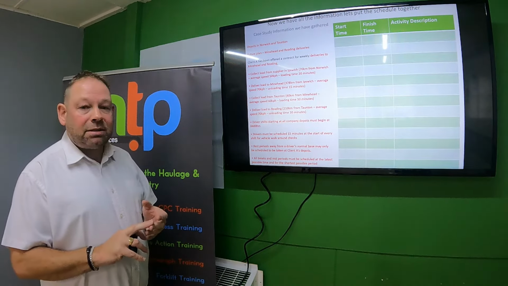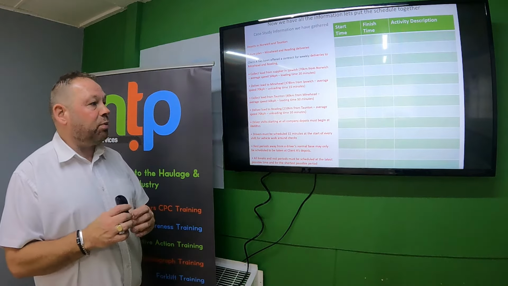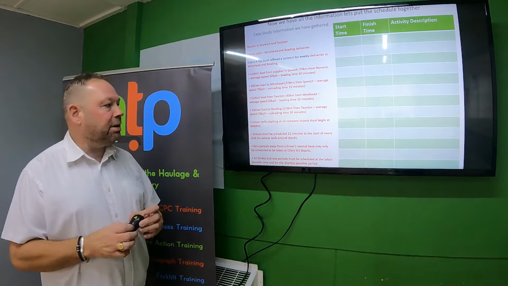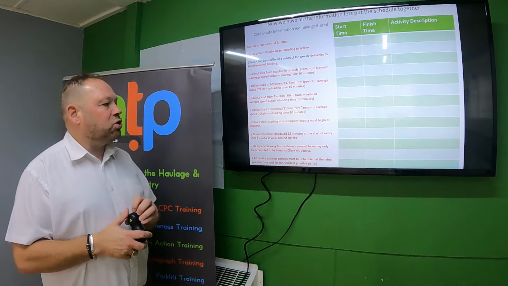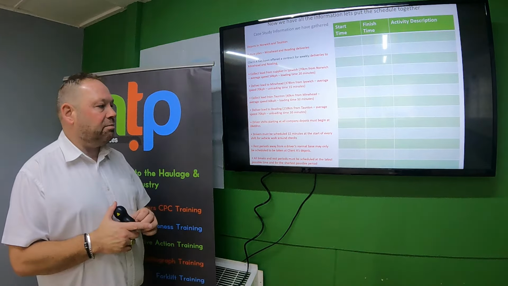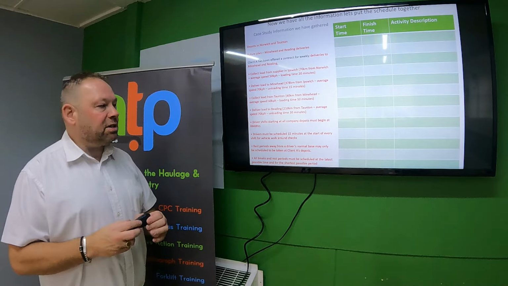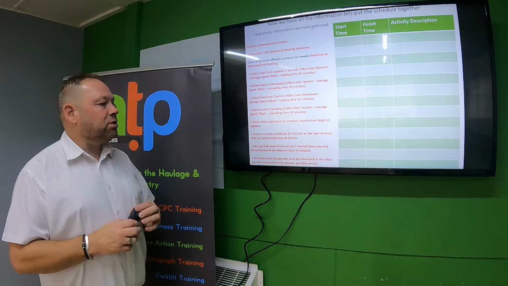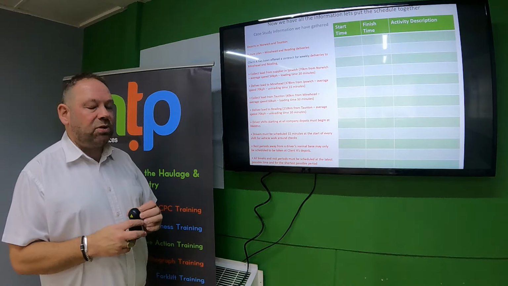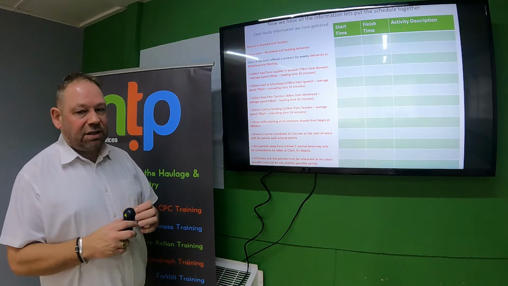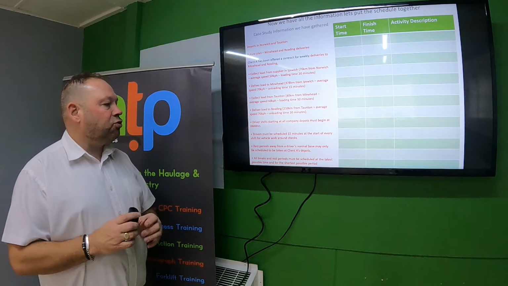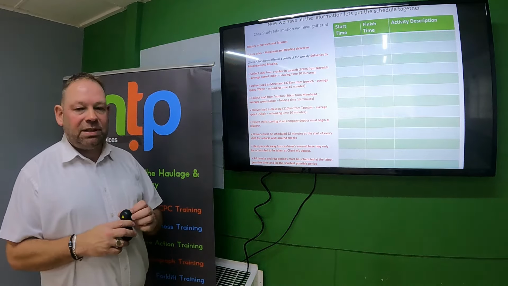Deliver load to Minehead, 378 kilometres from Ipswich, average speed 70 kilometres per hour, unloading time 15 minutes. Collect the load from Taunton, 40 kilometres from Minehead, average speed 60 kilometres per hour and loading time 10 minutes. Deliver load to Reading, 210 kilometres from Taunton, average speed 70 kilometres per hour, unloading time 10 minutes.